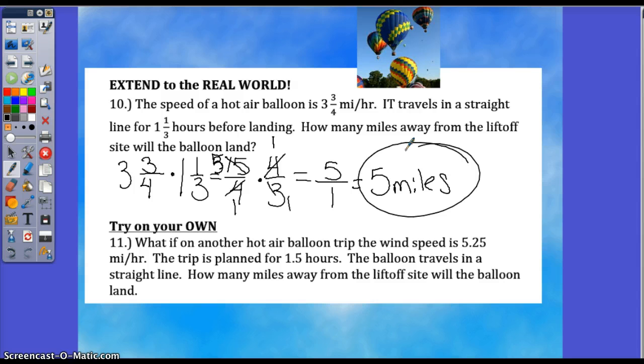I want you to try number 11 on your own, hit pause, and then I will go over your final answer. Okay, your final answer should be that you multiplied 5.25 times 1.5, and I always do my multiplication. If you have a number in parentheses and another number in there, that's multiplication.